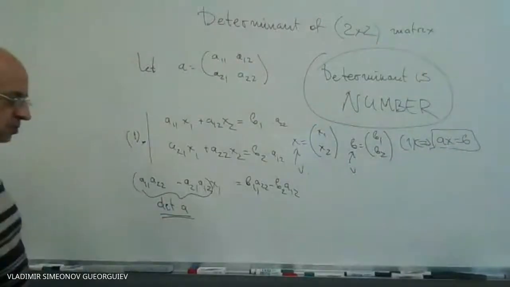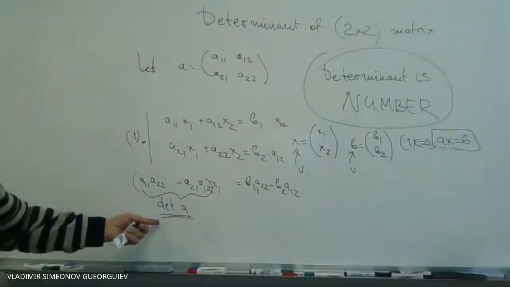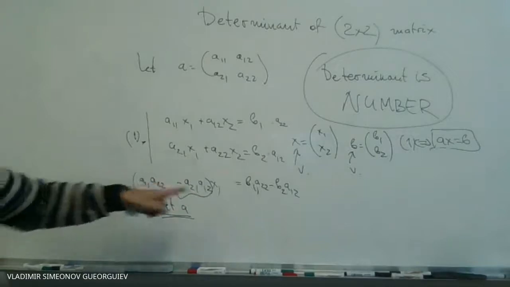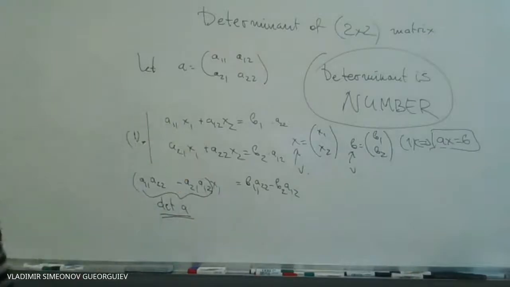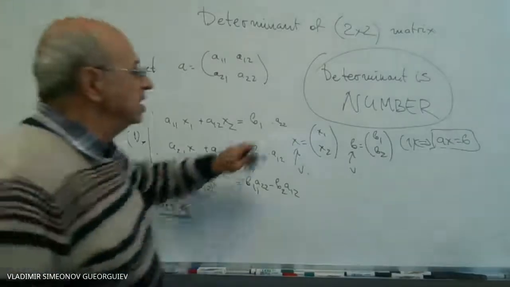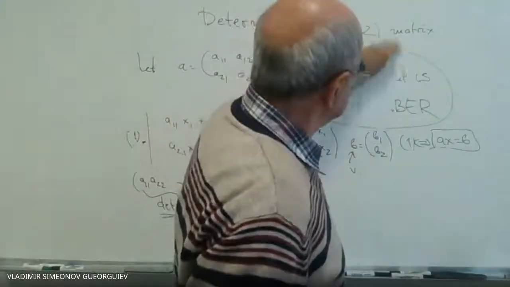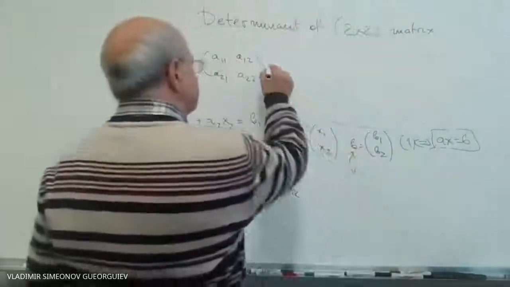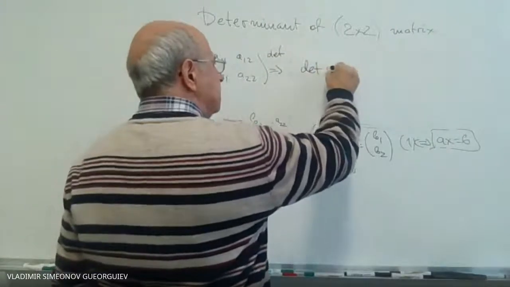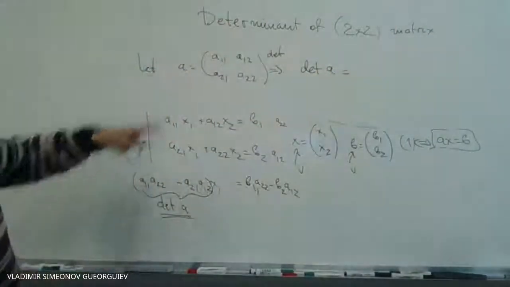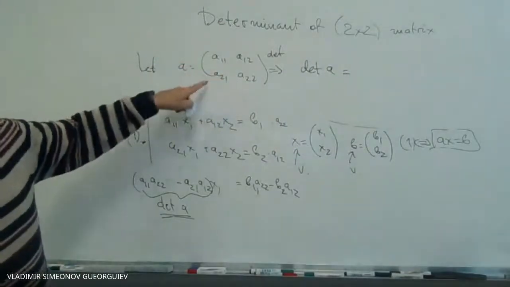This is very important because if this determinant, this real number, is not zero, I can solve this equation and I can find x1. Similarly, I can proceed for x2. Always this coefficient is important. Therefore, on the basis of this simple calculation, we can say, this is our definition, the determinant of A is simply this by this minus this by this.